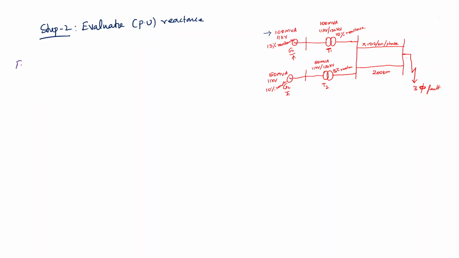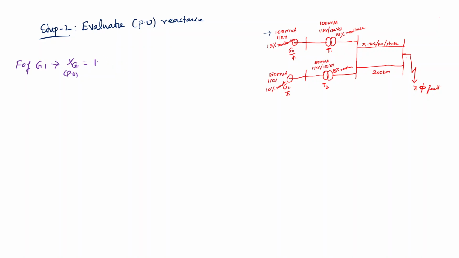So for G1, that is XG1 per unit value is equal to, so what is the reactance value given in the question? Someone tell me. That is 15% reactance. So 15% reactance in per unit will be how much?